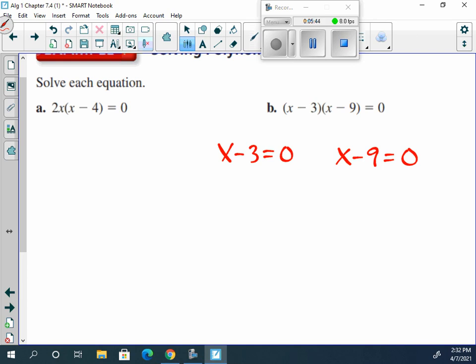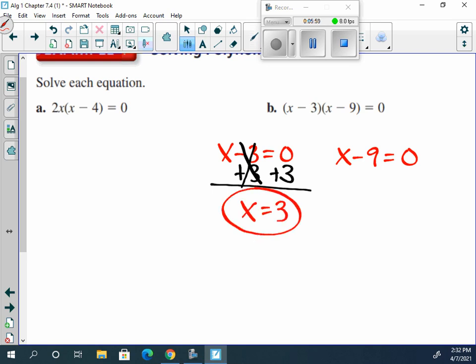So how can I solve for our x minus 3? We can add 3 to both sides because negative 3 plus 3 would cancel, telling us x is equal to 3. So there's one of our solutions.